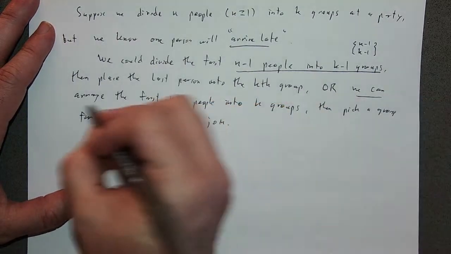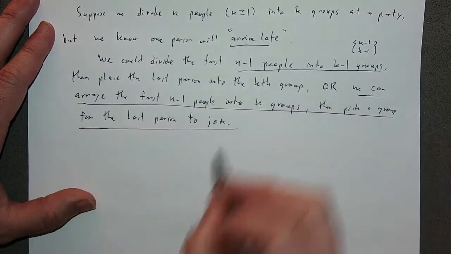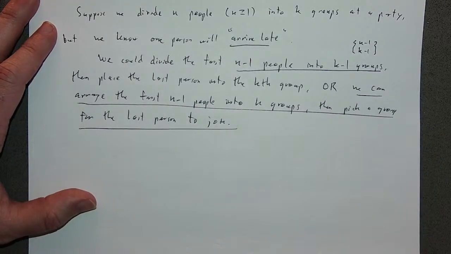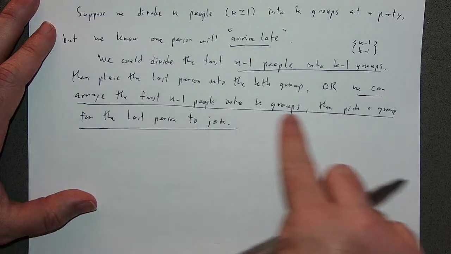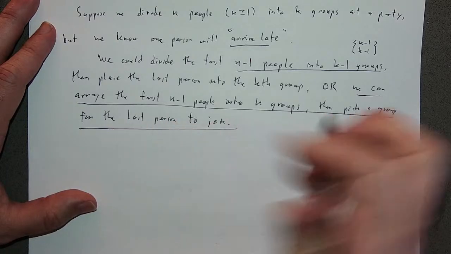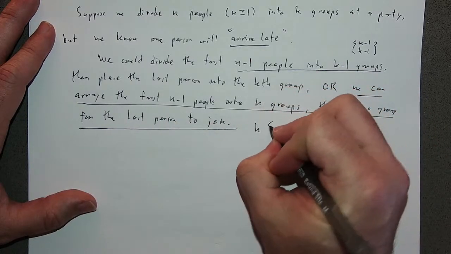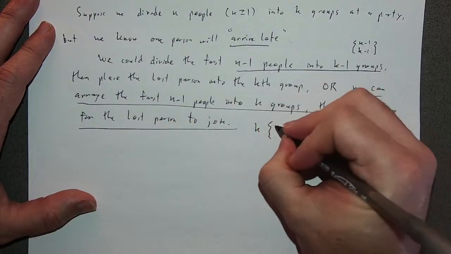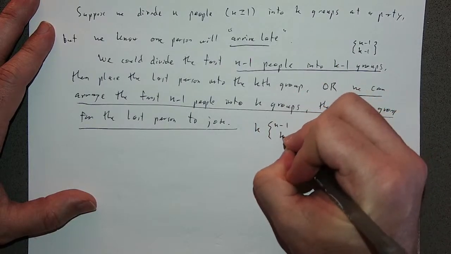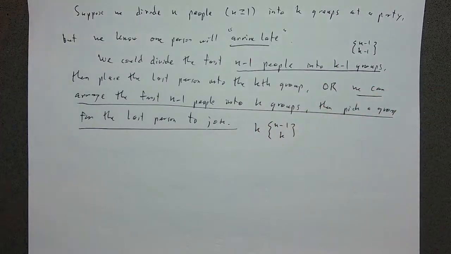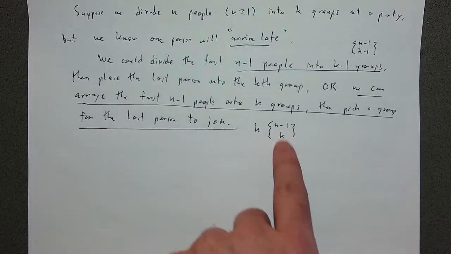In the second case, how many ways are there to do this? Picking a group, there are k groups to pick. So this would be k times the number of ways to do this for n-1 people into k groups. So k times the Stirling number of the second kind, n-1, k.